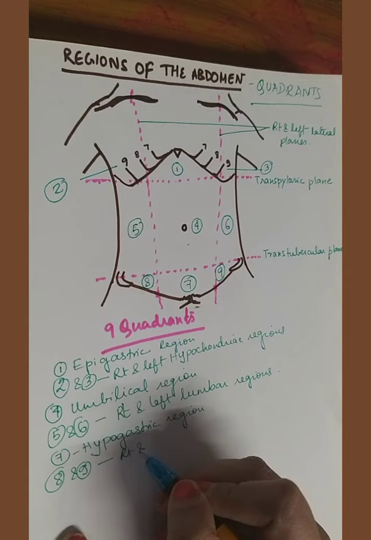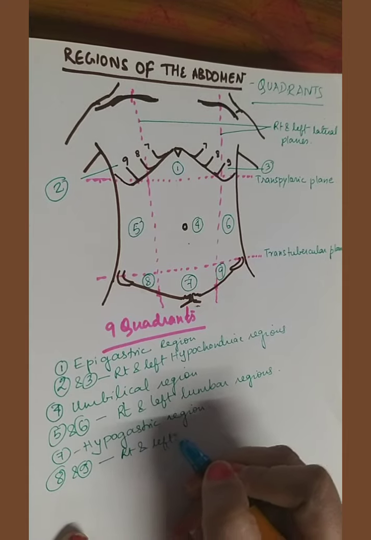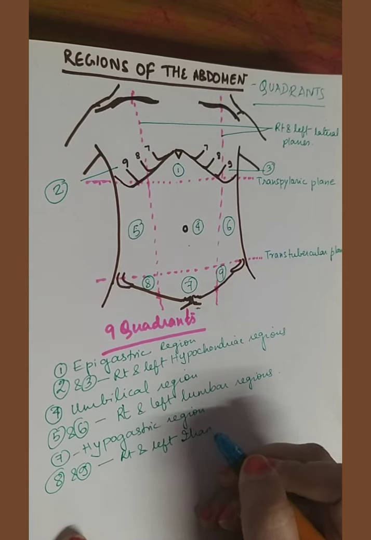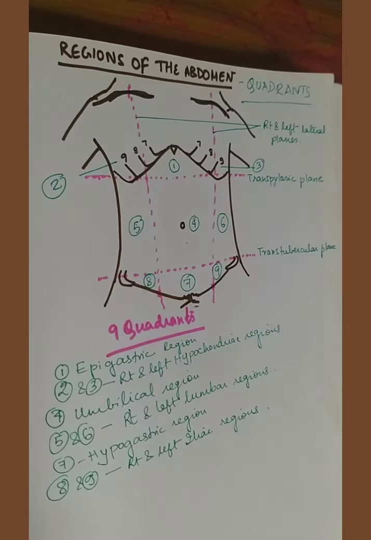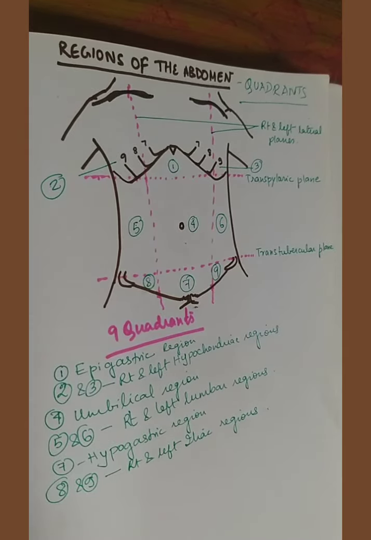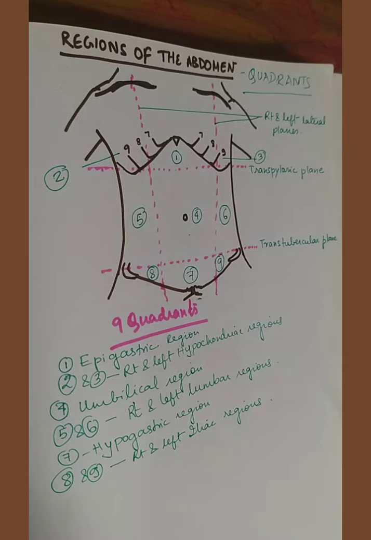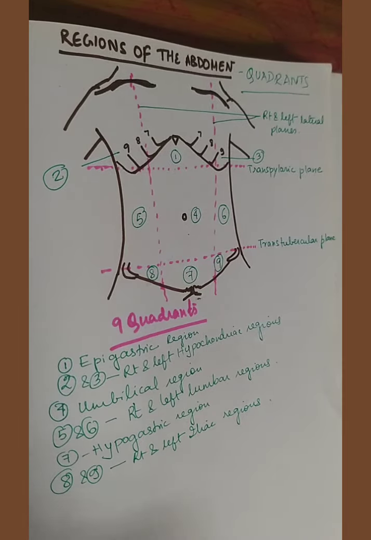These are the right and left iliac regions on either side of the hypogastric region. So we have 9 quadrants.